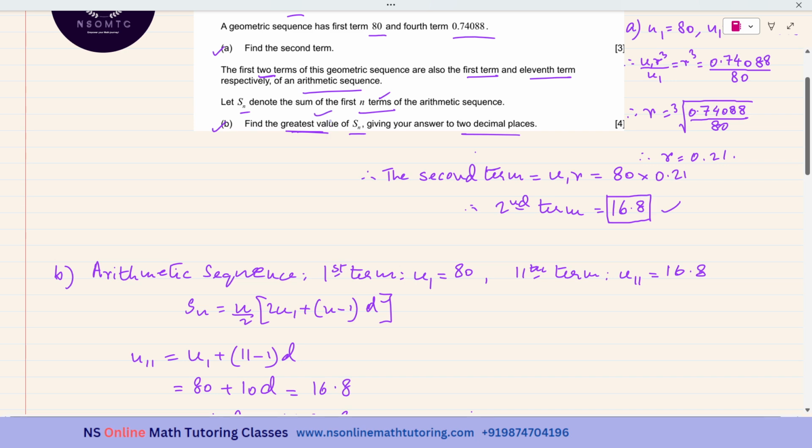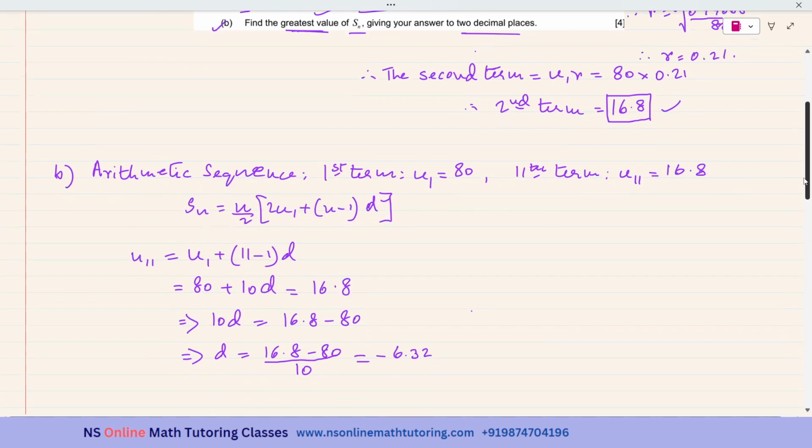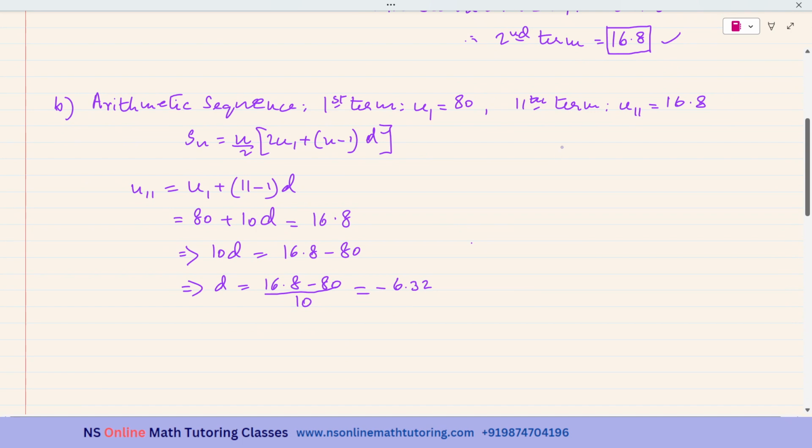What does this mean? See, suppose you have one arithmetic series where the first term is 4 and the common difference is negative 1. So 4, 3, 2, 1, 0, negative 1, negative 2, negative 3 and so on.